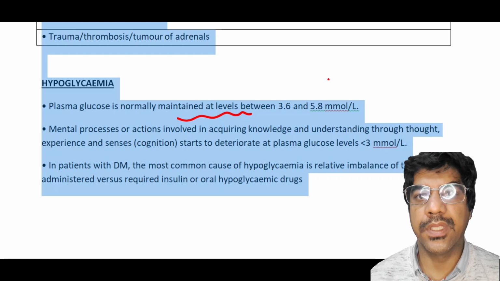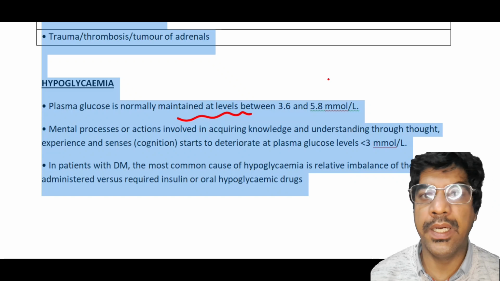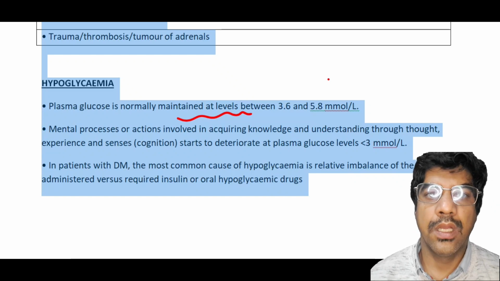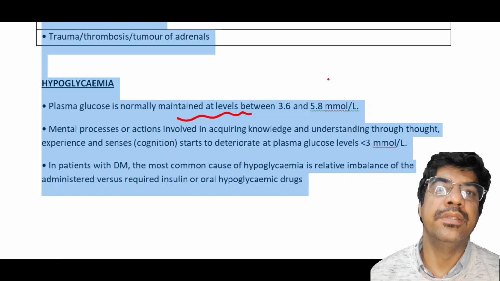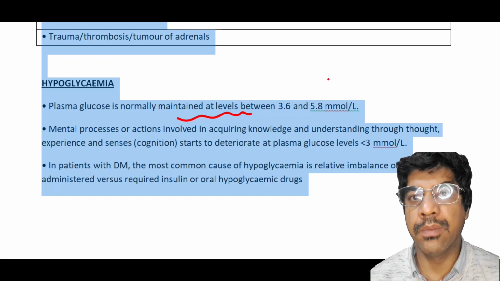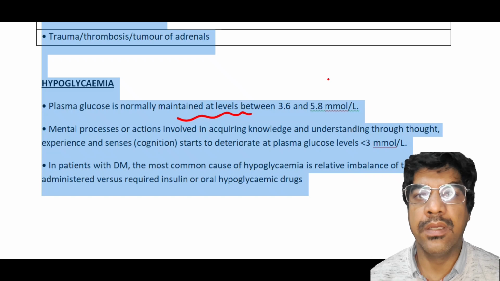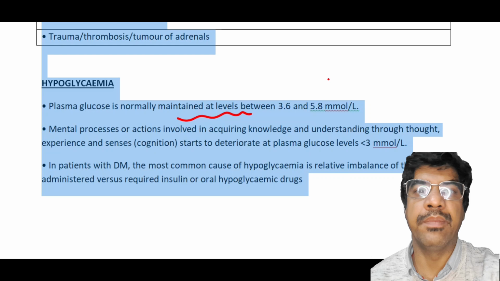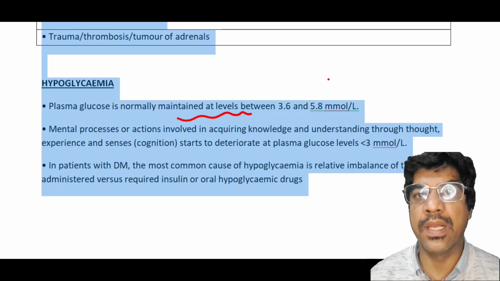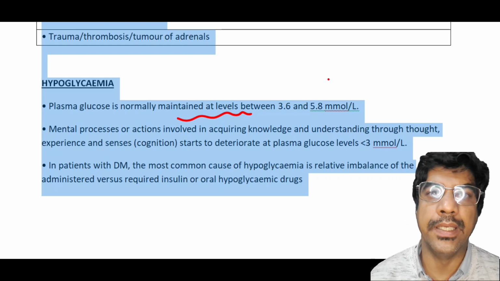So symptoms include confusion, irritability, sweating, loss of consciousness. Common cause is diabetes mellitus, the most common cause of hypoglycemia, when there is imbalance between the administered insulin or the hypoglycemic drug and the body's actual need.